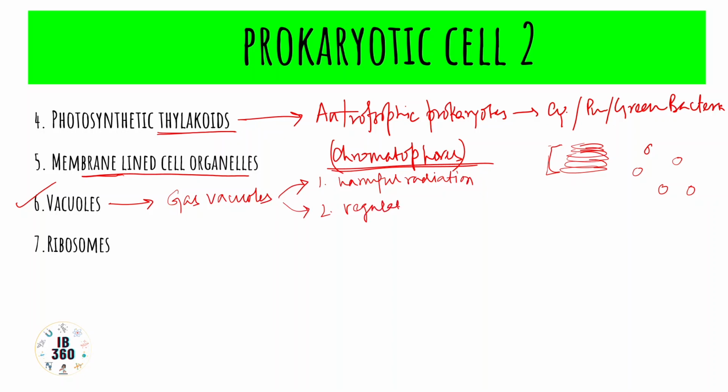Now for aquatic photosynthetic bacteria, prokaryotes, the gas vacuoles help them in positioning their surface in such a fashion that they can avail the sunlight to the maximum capacity. So allowing them to float and align themselves in a very convenient position, the gas vacuoles, and also protection against harmful radiation.